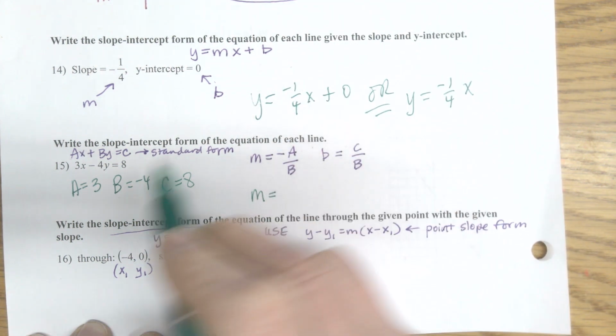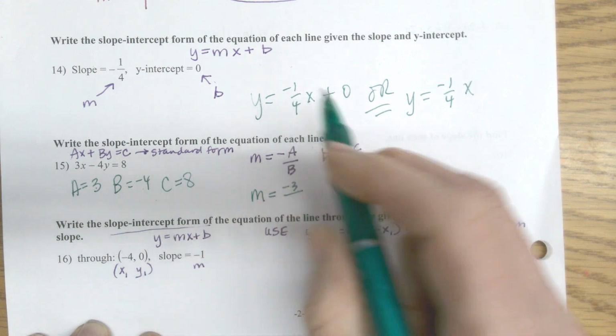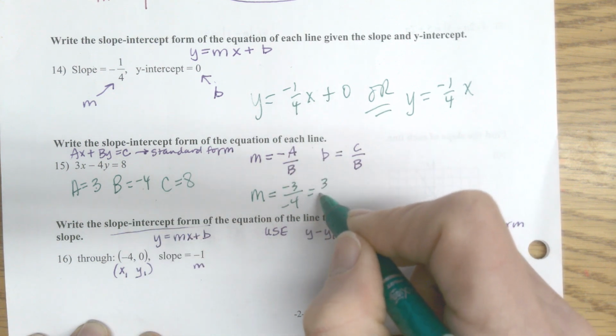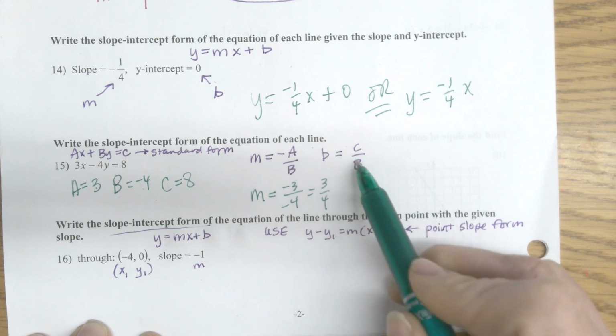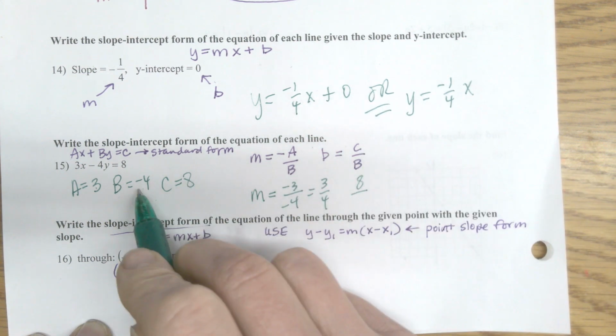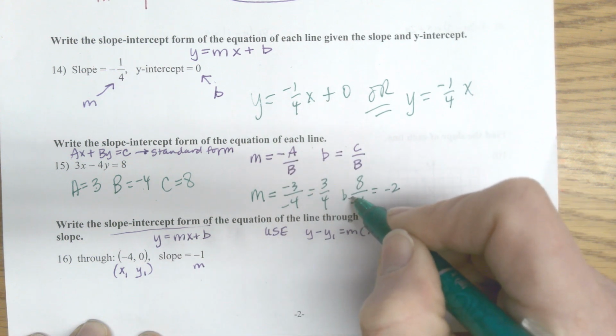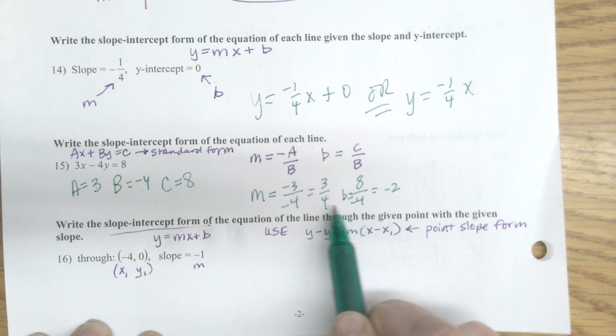So my slope is the opposite of a, so -3, over b, which is -4. Well, double negatives become positive. And my y-intercept is c over b, which I can reduce down to -2. So that's my y-intercept, little b.